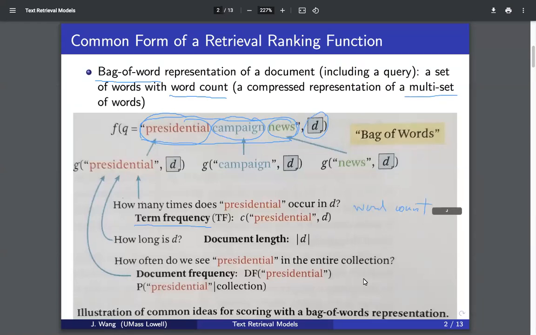But just looking at the word count is not good enough, because a long document would obviously have a tendency to include certain words more frequently than a short document. So we also would like to look at document length so that we can do some kind of normalization. So term frequency is the first thing, and then we look at document length.